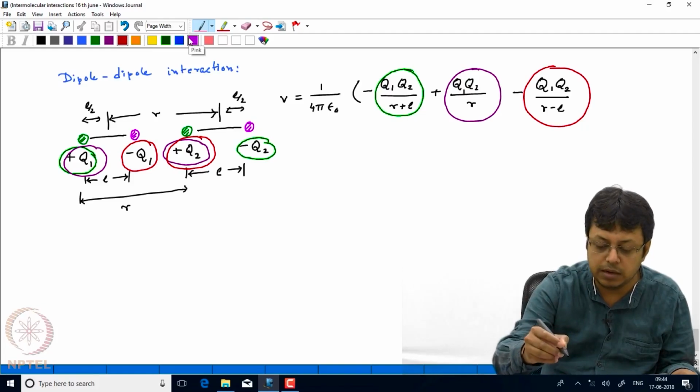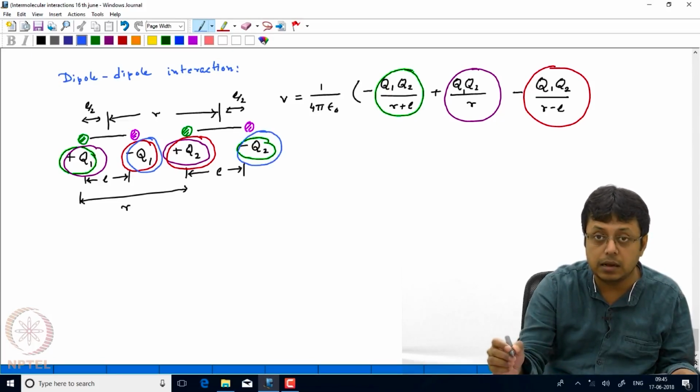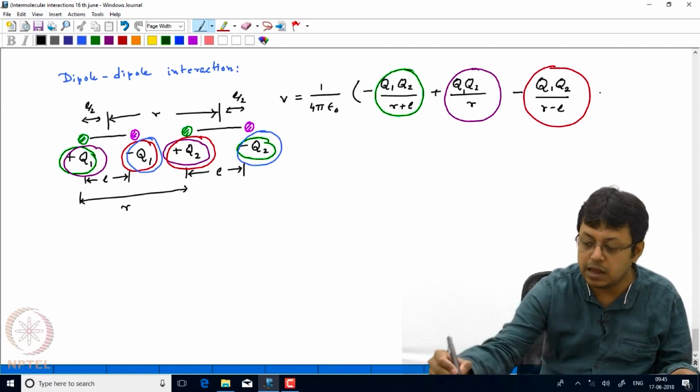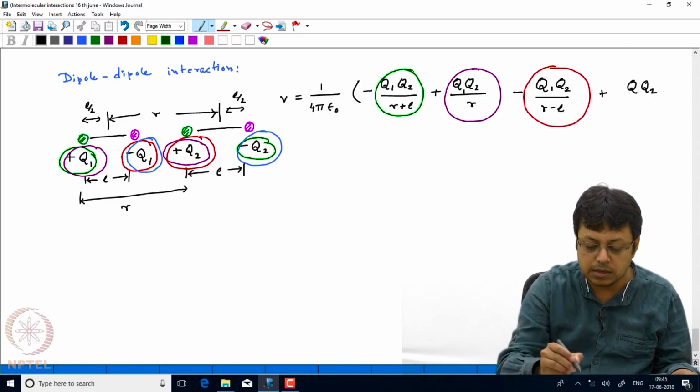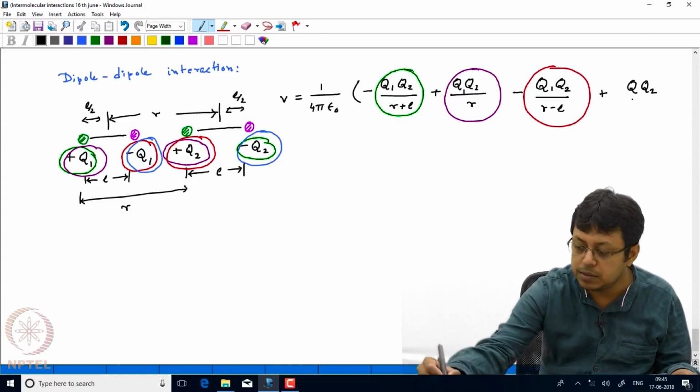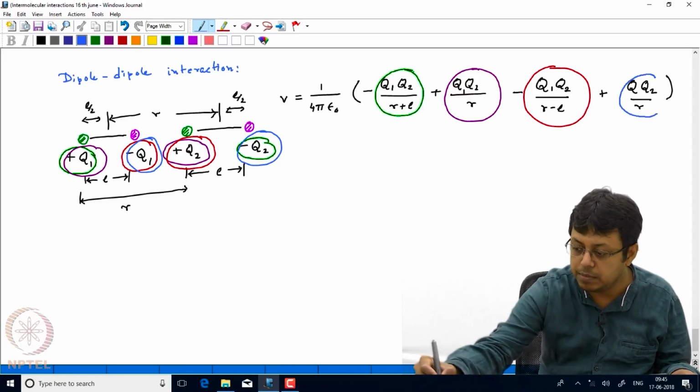Then we are left with only one interaction, which is how this charge interacts with this charge, minus Q1 and minus Q2. So obviously I will have a plus term, which is Q1 Q2 divided by, now let us see the distance. The distance will be, in this case, R minus L by 2 plus L by 2. So it will be basically R, and this interaction is between the minus Q1 and minus Q2.